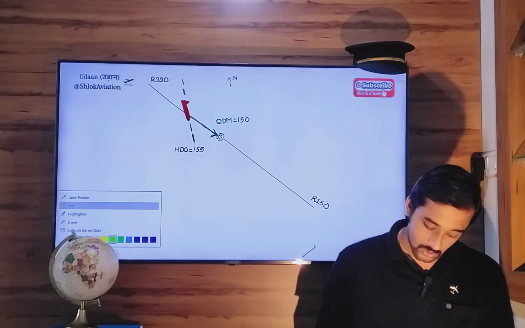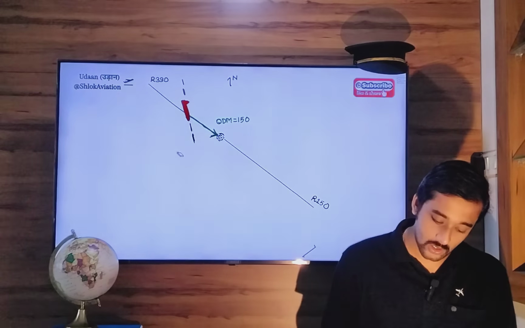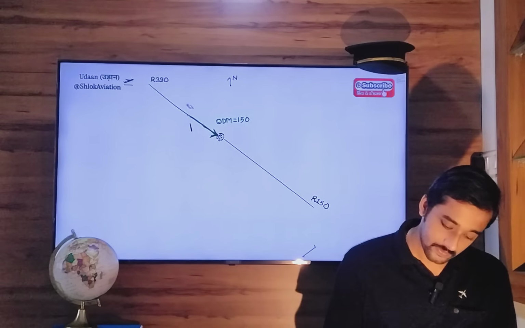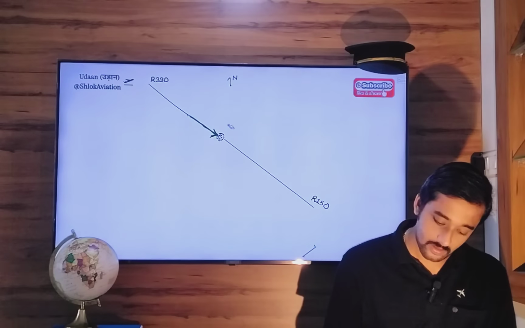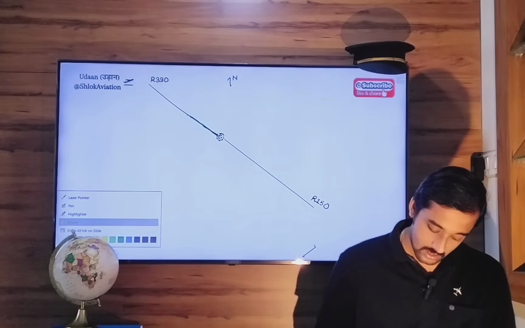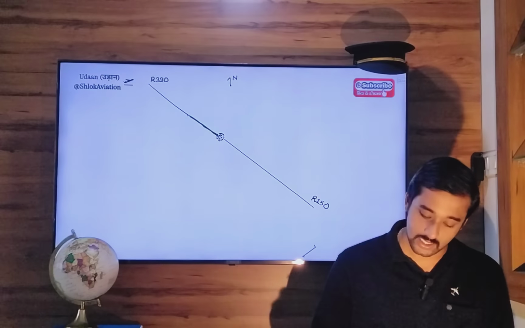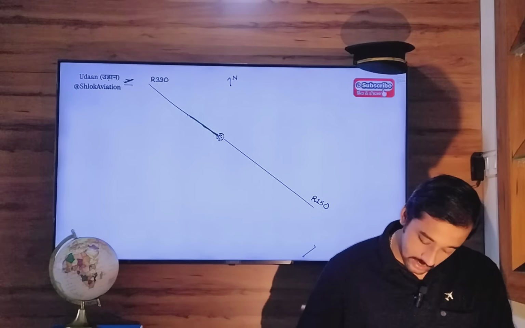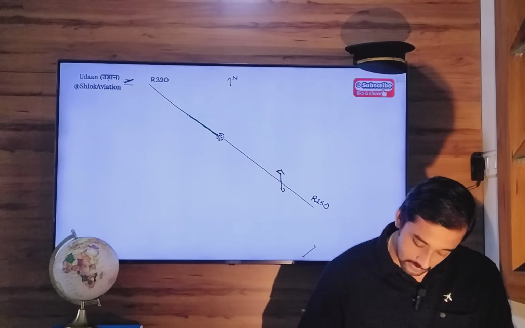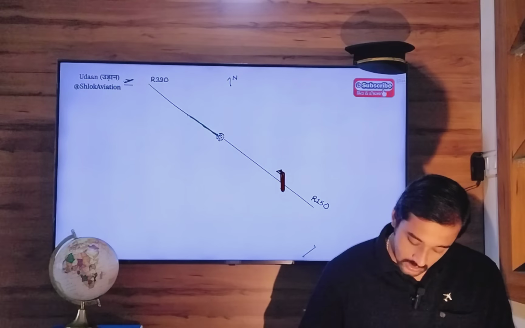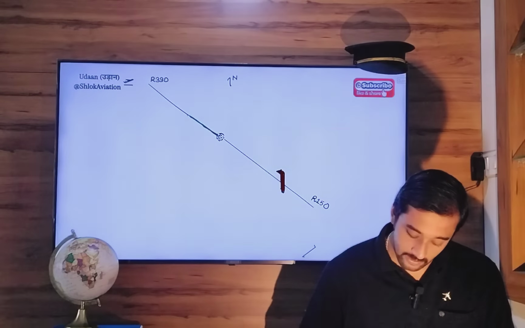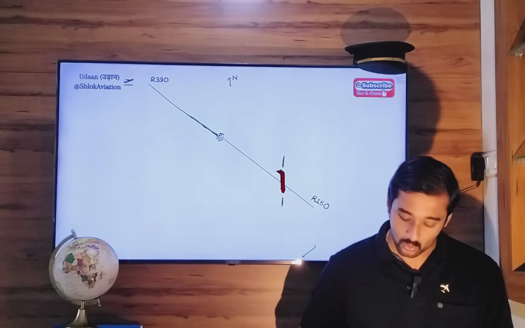Okay. So my bad. We will draw this here. QDM to the station is 330 and aircraft is pointing at 155. So that means QDR, that is track away from the NDB station, is 150.